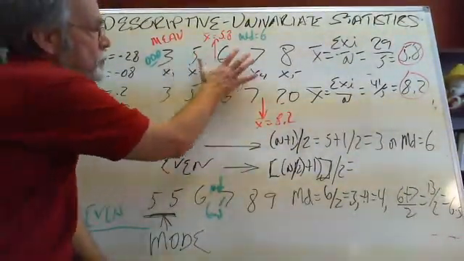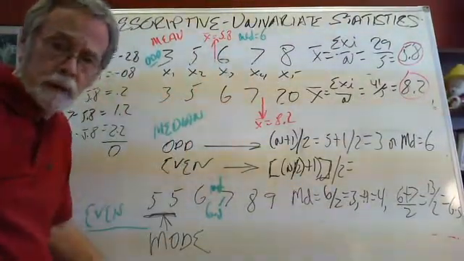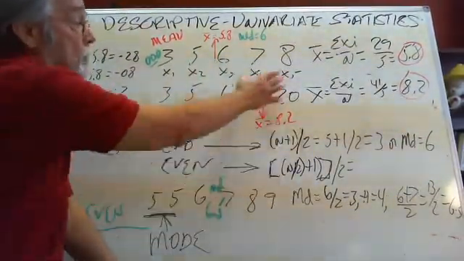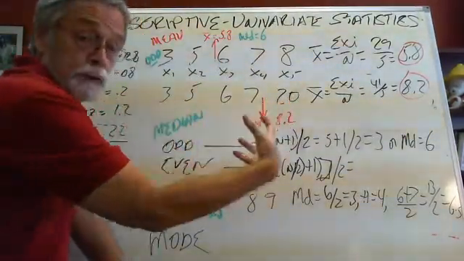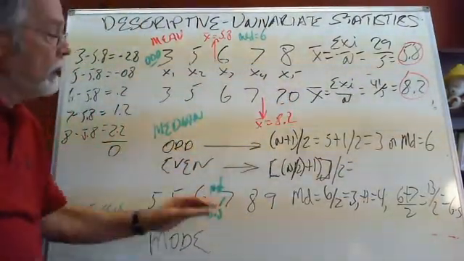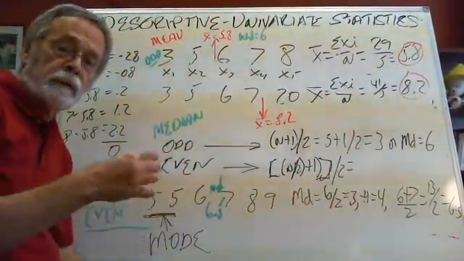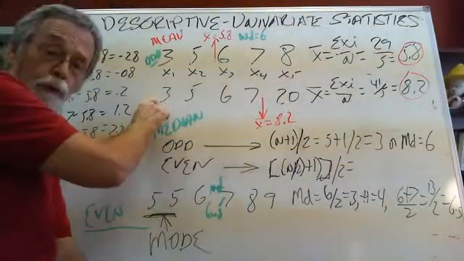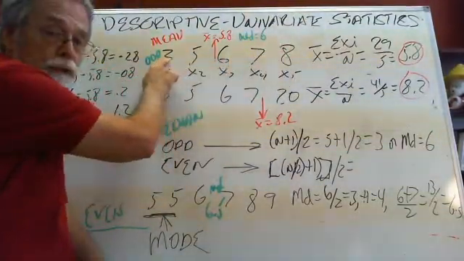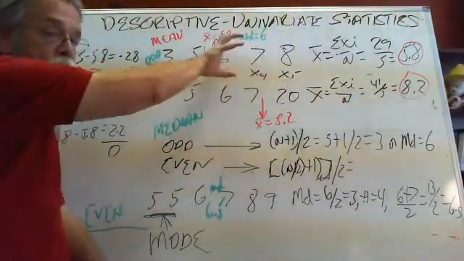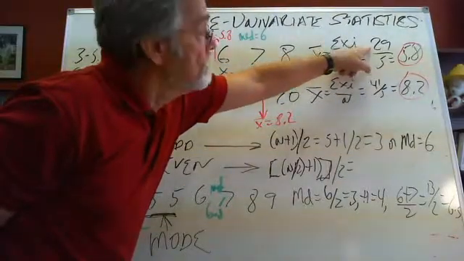So what you see here is the values are somewhat similar, 3, 5, 6, 7, 8, not that much variation between any two values side by side. Then here, when you put that 20 in there, it pulls it to the right. The mean moves in relation to the values in the distribution. If we left this here and changed this to a 0, it would pull the mean to the left because the number up here would be smaller.